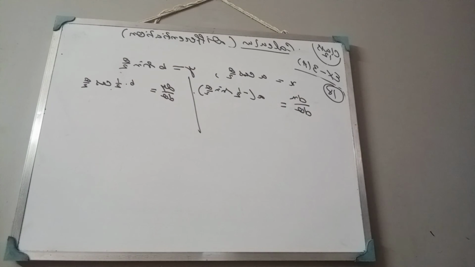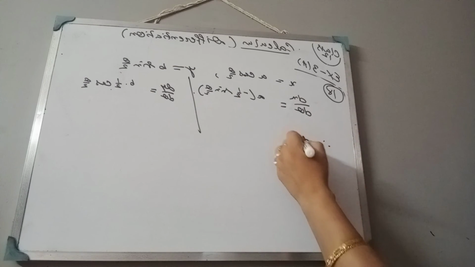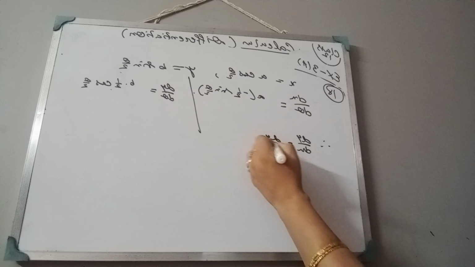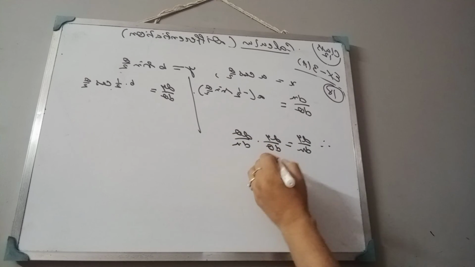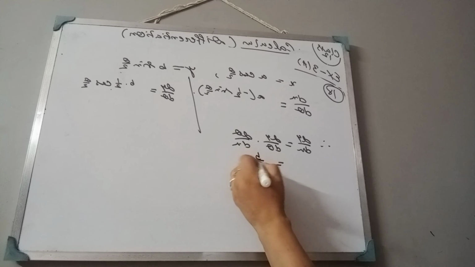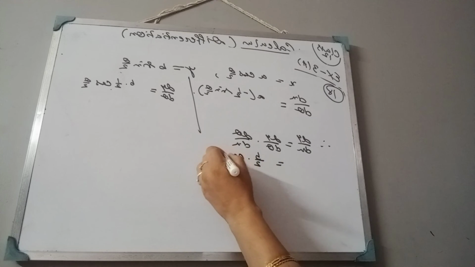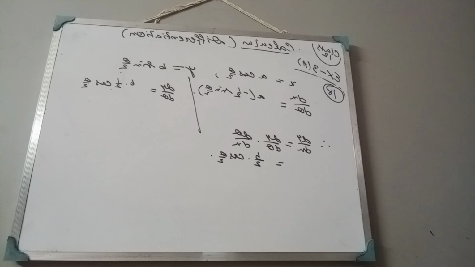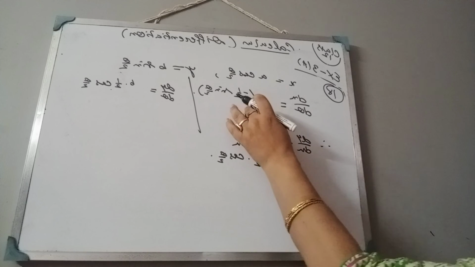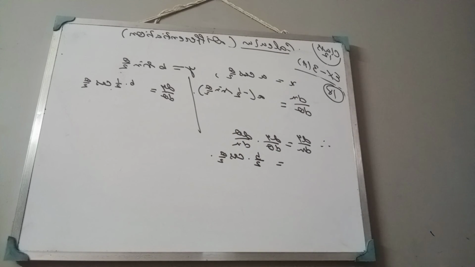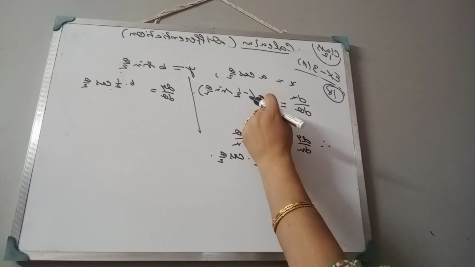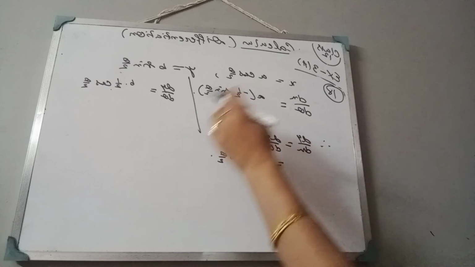Got it? Therefore dy/dx equals what? dy/dx means dy/d theta into d theta/dx. Dy/d theta means b by 2 cos theta by 2, and d theta/dx, since dx/d theta is this, will be minus 2 by a sine theta by 2, because this is the denominator.